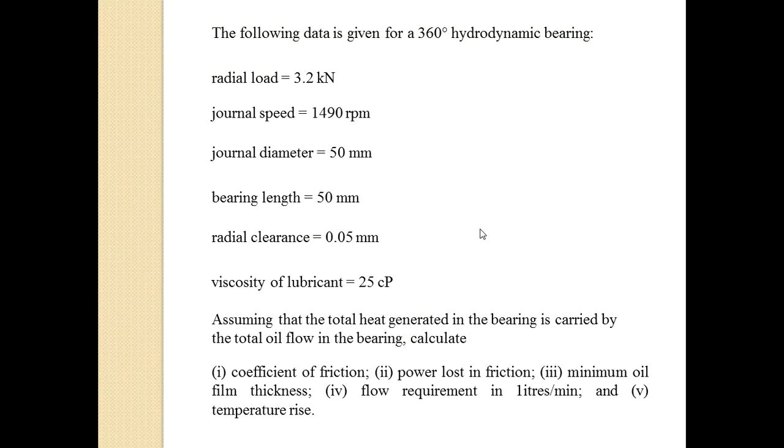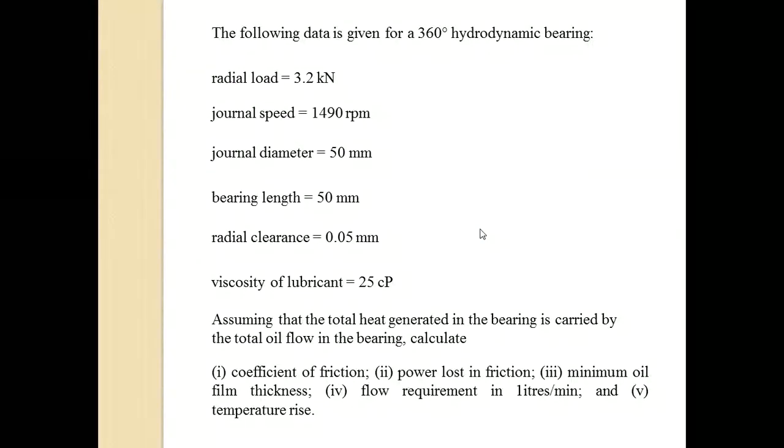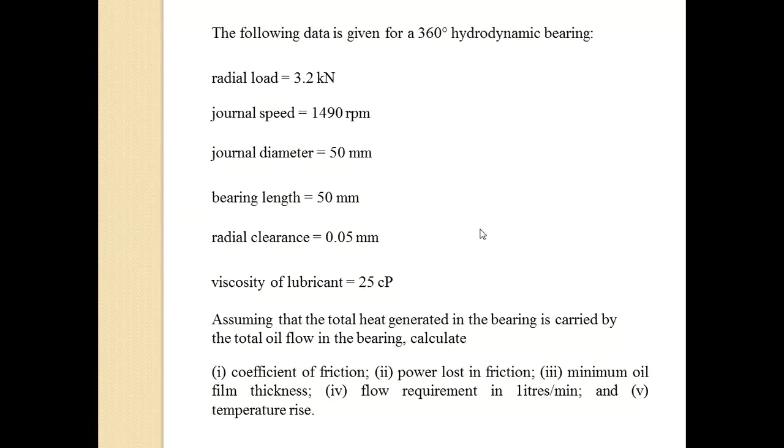So the following data is given. Radial load is 3.2 kilonewton. Journal speed is 1490 rpm. Journal diameter is 50 mm. Bearing length L is 50 mm. That means we have to find out the L by D or D by L ratio.